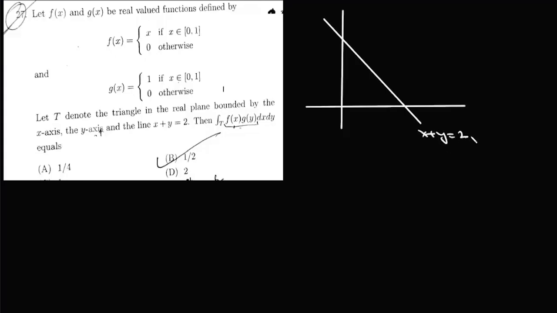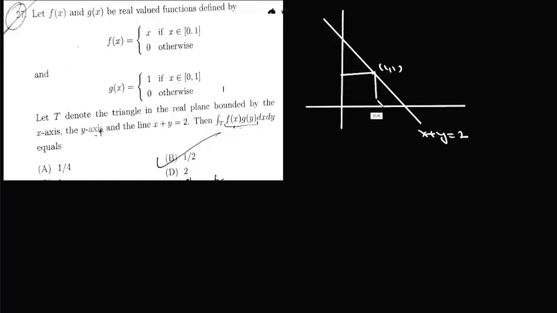Now question number 27. It says we are given two functions f(x) and g(x). f(x) is x when x lies between 0 and 1. g(x) is 1 when x lies between 0 and 1. It says T denotes the triangle in the real plane bounded by the x-axis, the y-axis, and this line which is x plus y equals 2. Now this point 1 common will lie here.